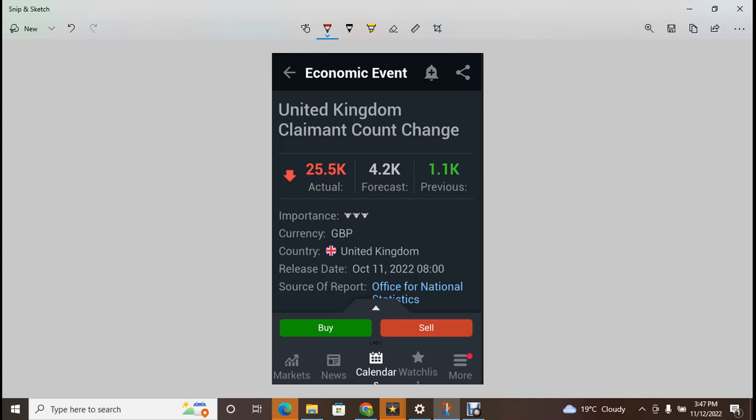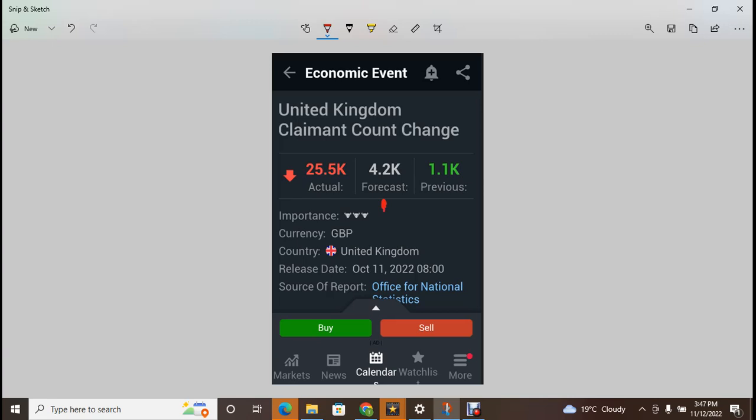So a little recap of what we talked about when we started our session. We said this forecast is not always accurate. So when you trade the forecast, you must be able to analyze the market.